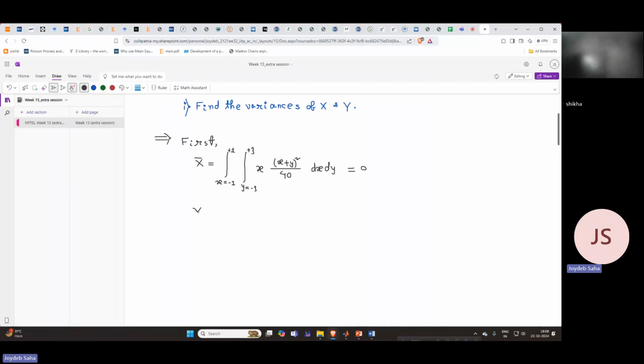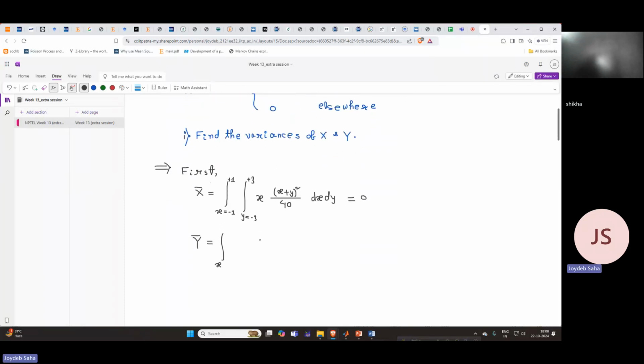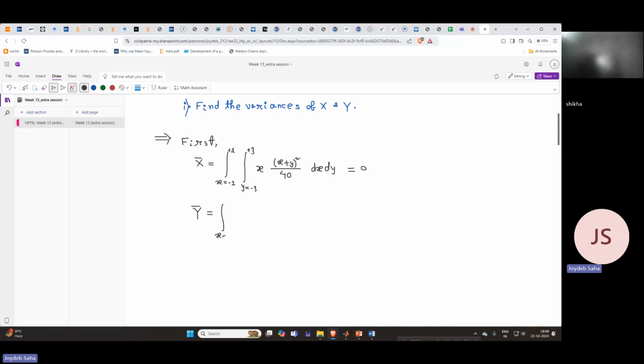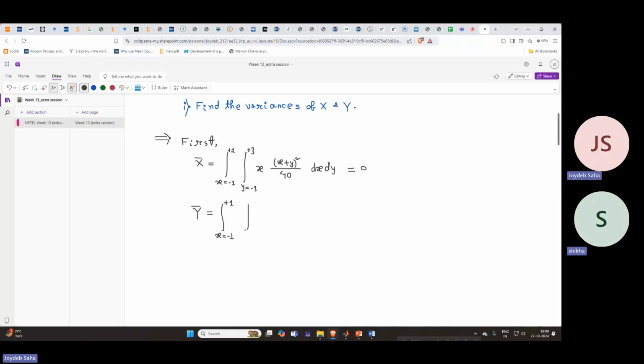Similarly, if we calculate y bar, then what will we get? We will get again x is equal to -1 to +1, y is equal to -3 to +3.